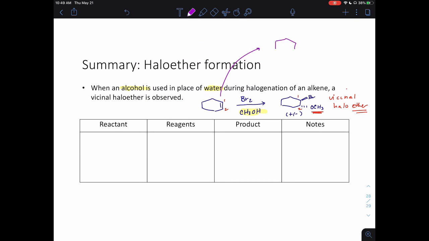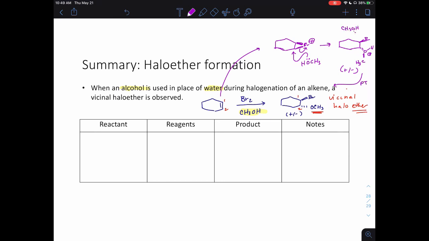You have bromine add to make the bromonium ion. Bromine has to add to the same face of the alkene. And then methanol opens it up in an SN2 elementary step. It could attack either carbon of the bromonium ion, so that leads to a racemic mixture of this intermediate, and then this intermediate is deprotonated with methanol to generate the product.